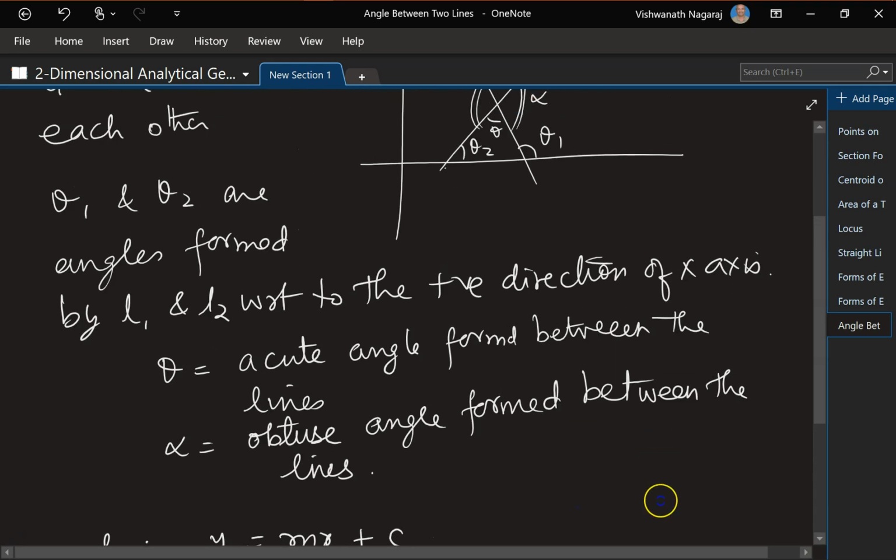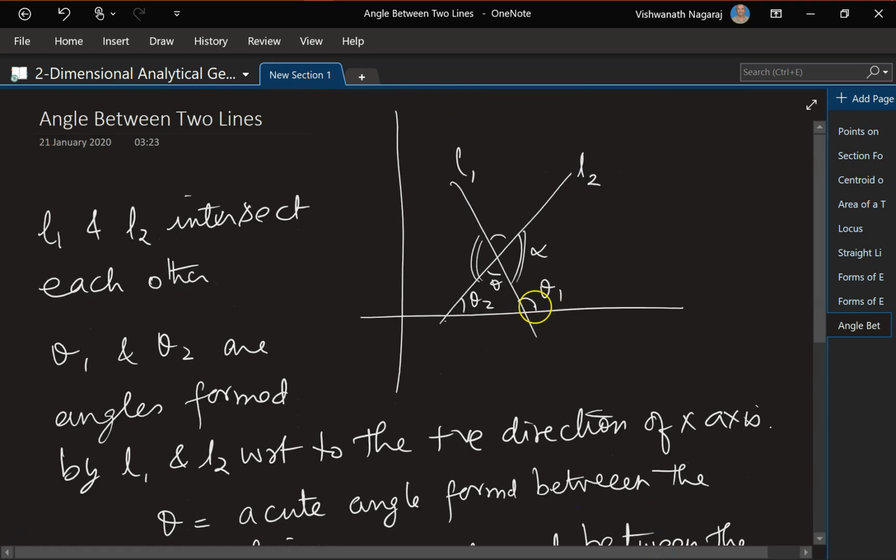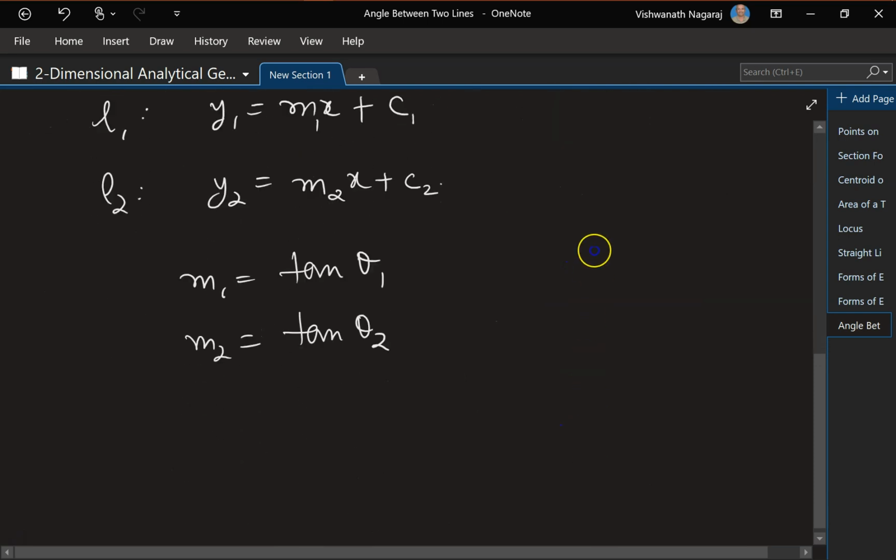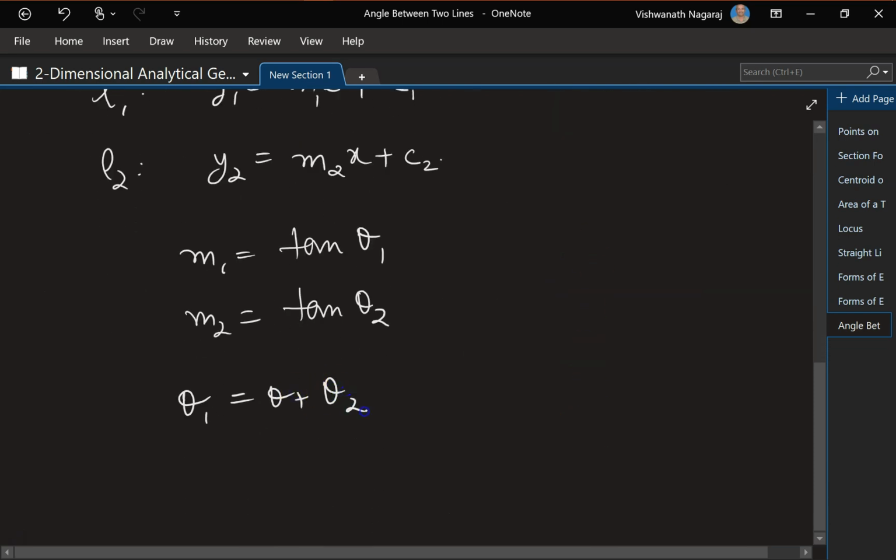Now if you look at this, theta 1 is the external angle to this triangle. So theta 1 is the sum of internal opposite angles. That means theta 1 is equal to theta plus theta 2.